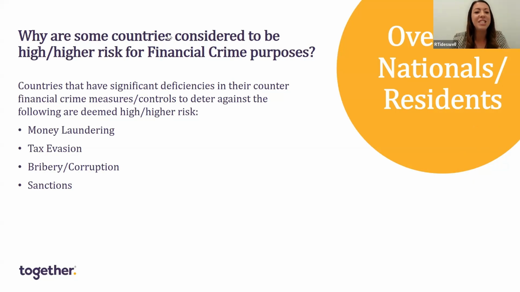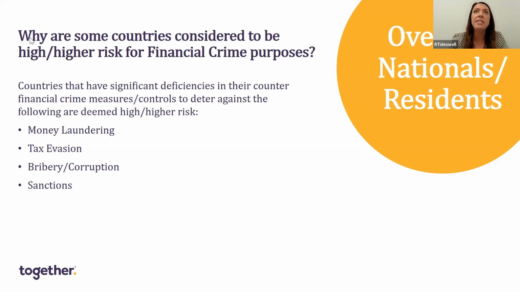So for information around why certain jurisdictions can be classified as high risk, it's quite simple really. It pretty much derives from deficiencies around money laundering, or controls around tax evasion, bribery and corruption and sanctions.